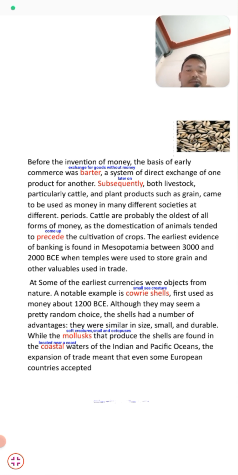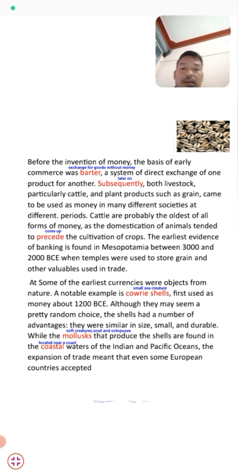The main advantage of the cowrie shell was that it was very small, long lasting and very durable. A mollusk is a soft creature like a snail or octopus. It is very interesting that people started using a sea creature like this in the form of money.